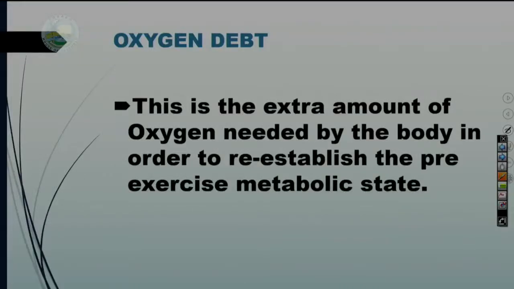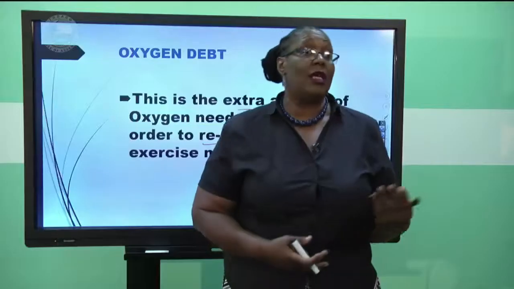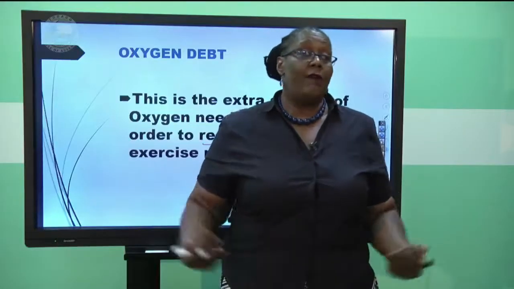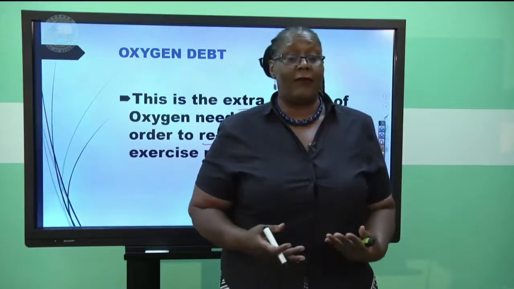So this is the extra amount of oxygen needed by the body in order to reestablish the pre-exercise metabolic state. So we are trying to ensure that our body gets back to the state where it was having sufficient oxygen to carry out respiration for all our cells to remain alive.